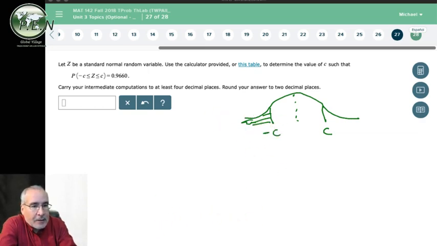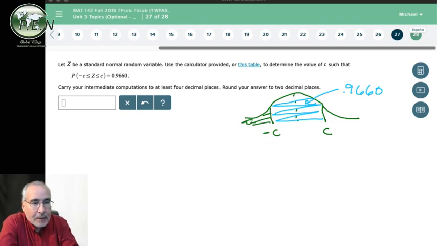What they're giving us is this 0.9660 or 96.6%. That's this area. 0.9660 is this area. So how could we calculate this? Well, notice this little area is on both sides.